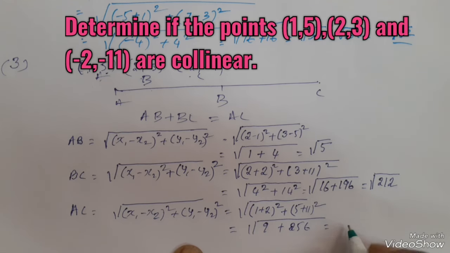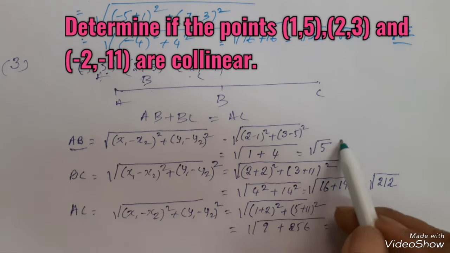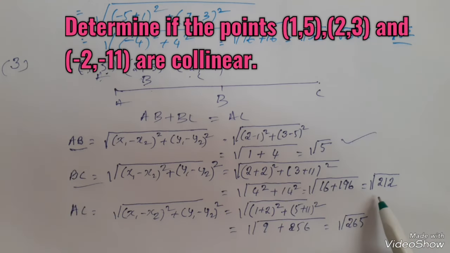Then we get square root of 265. So if you observe here, AB is root 5, BC is square root of 212, AC is square root of 265.